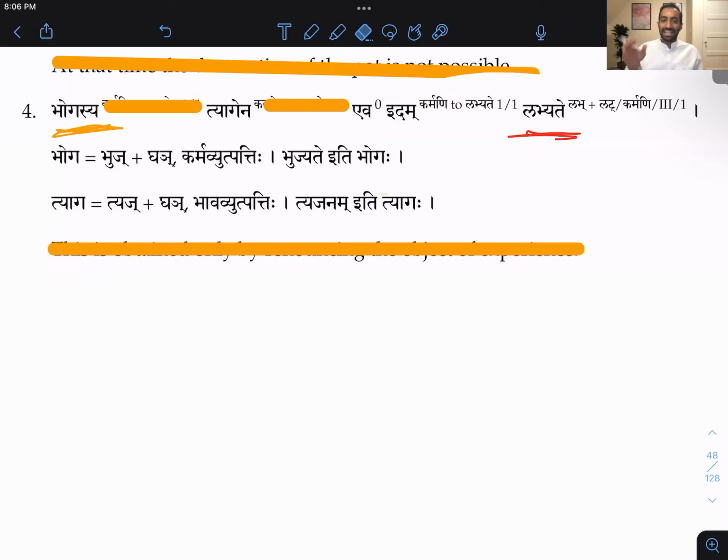Okay, how? Tyagena eva. By renouncing or by renunciation. Right? So Urmilaji said, this is karane tritiya to labhyate, tyagena. So it's by renouncing, this is obtained.